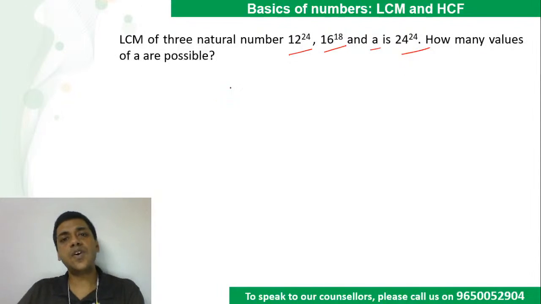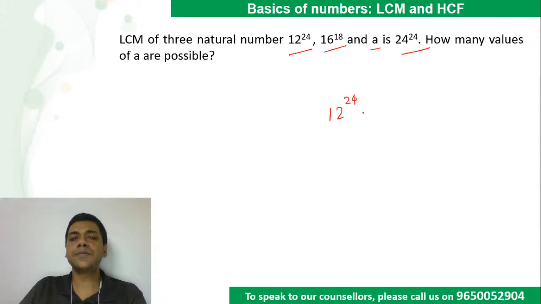Okay, so first of all, what is 12 raised to power 24? Let's break the numbers into their prime factors. So 12 raised to power 24 is 2 raised to power 48 into 3 raised to power 24, the reason being 12 is 2 square into 3.